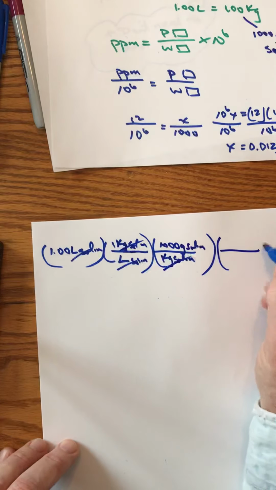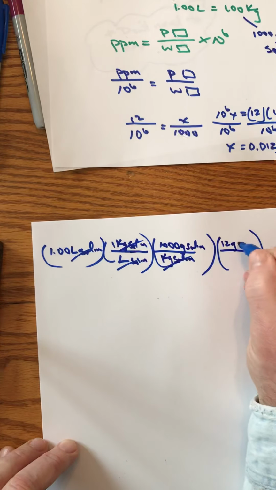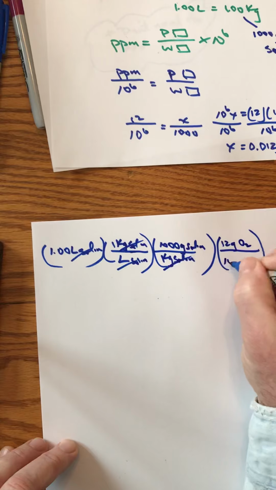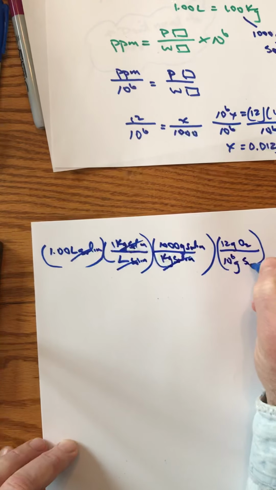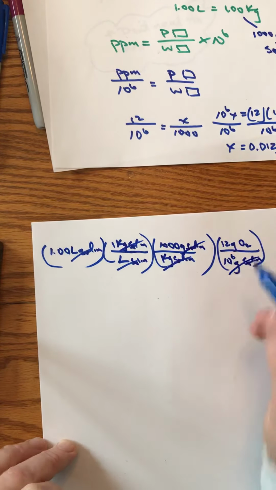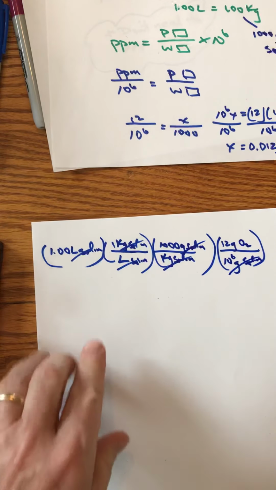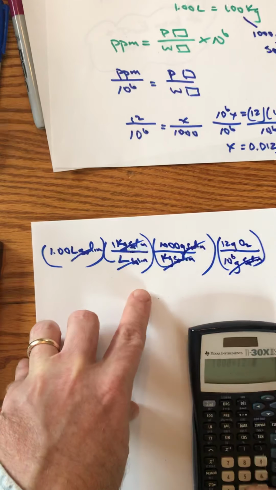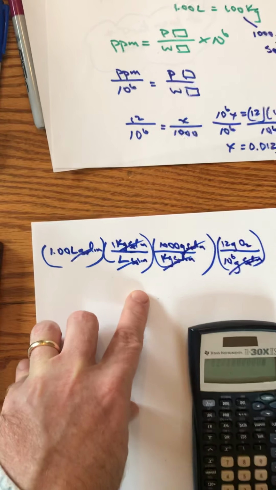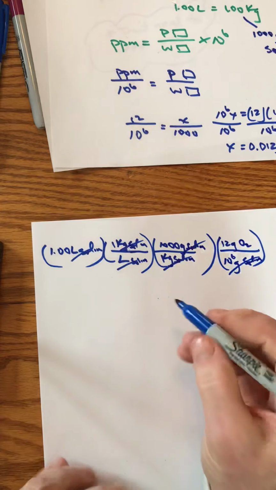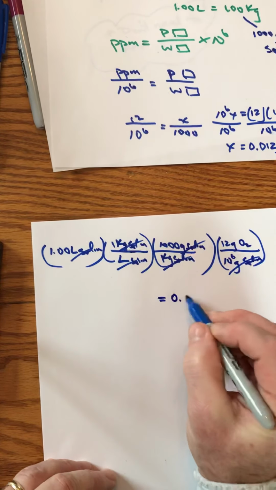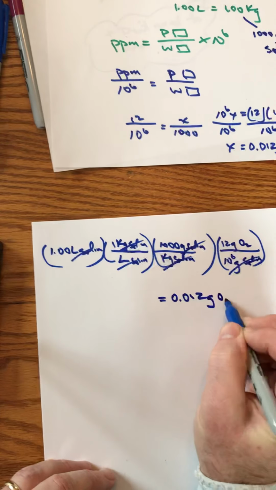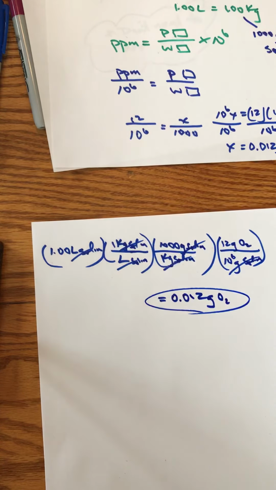And finally, there are 12 grams of oxygen per million grams of solution. So basically, 1,000 times 12 divided by 1,000,000, and you get the same answer. Recurring theme in this unit, I don't care if you do it dimensionally or algebraically. I think people's brains are wired a little bit differently. But that's all right. How you do it is how you do it.